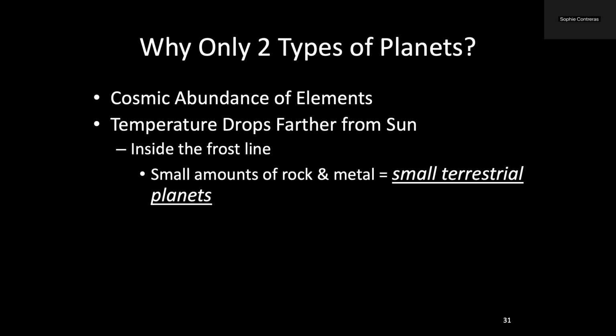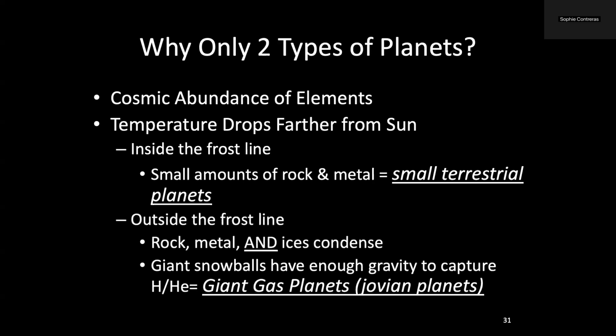And the structure, why the rocky objects are in and the icy, gassy stuff is out, has everything to do with temperature. It's too hot in the interior, so you get small terrestrial planets. Outside of the frost line, you get large gas giants. They start as just rock, metal, and ice cores.